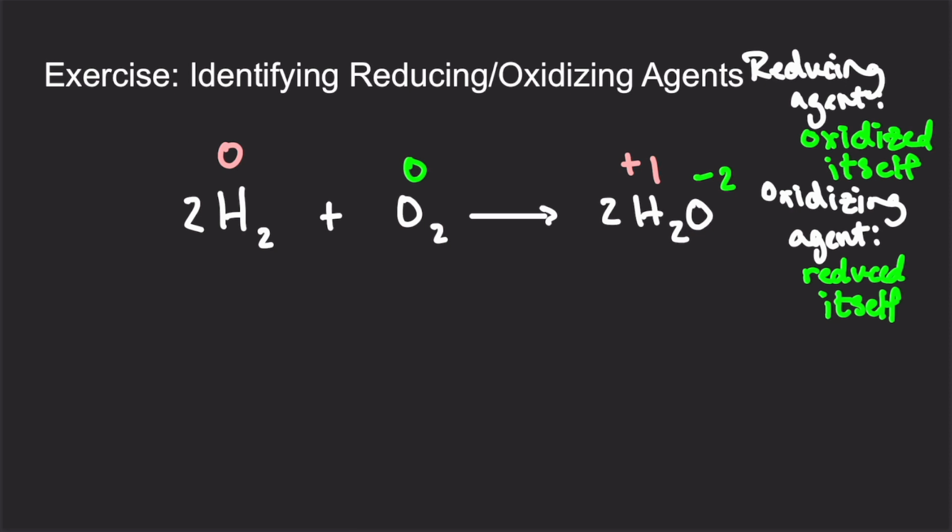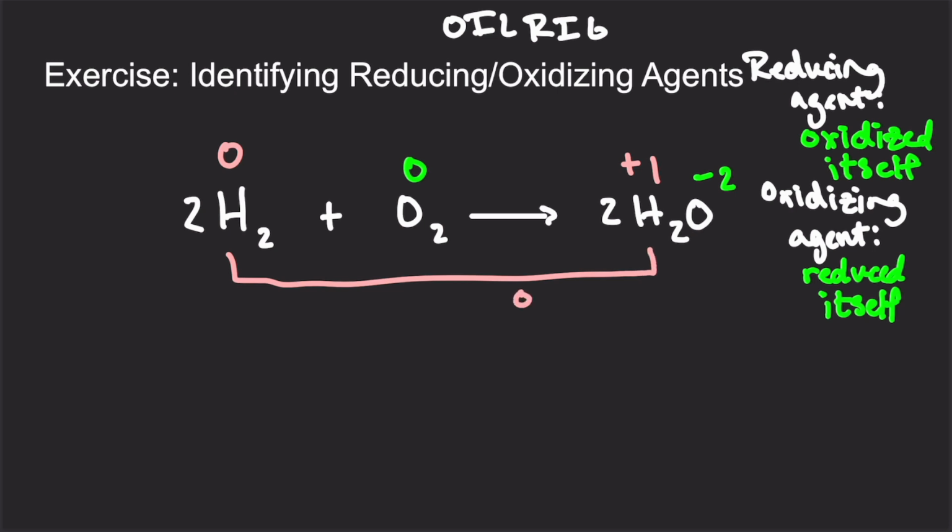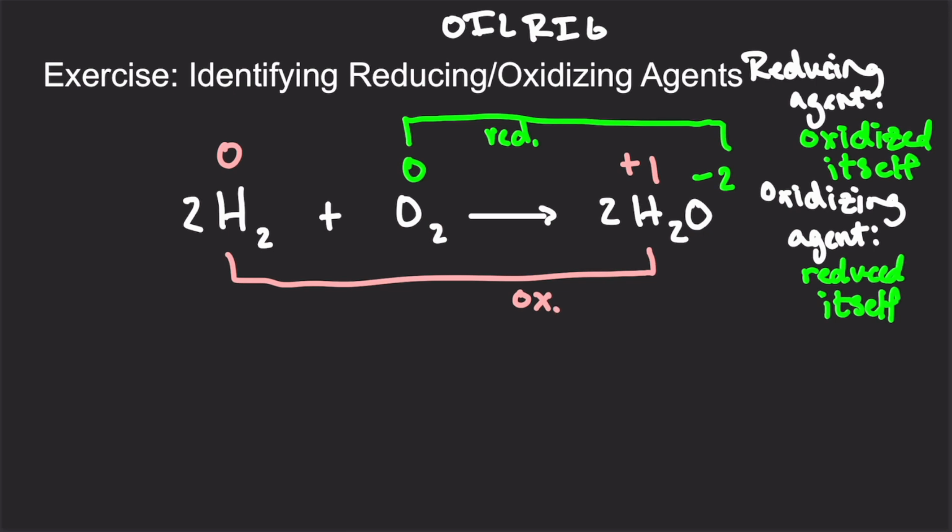Which one becomes oxidized? OIL RIG: oxidation is the loss of electrons, so it loses electrons and becomes more positive. Here is your oxidation. Let's double check. That makes sense. Oxygen is being reduced because it's gaining electrons.